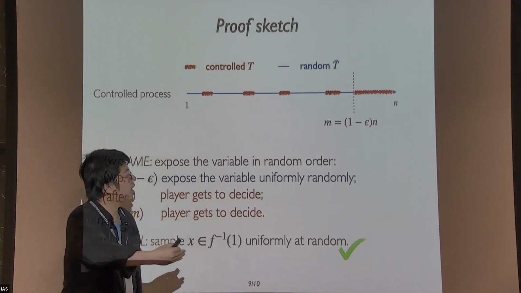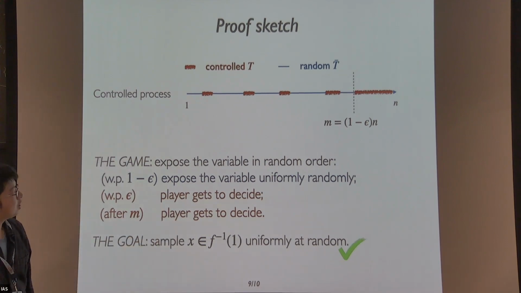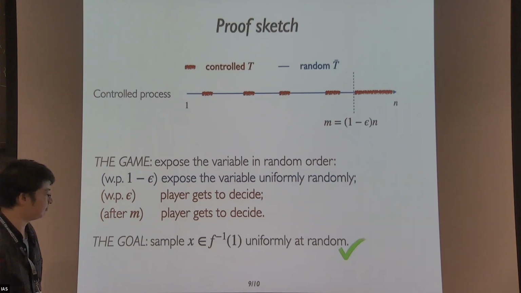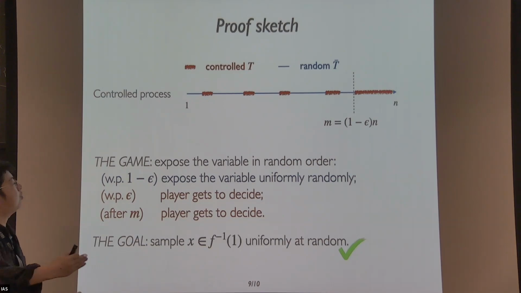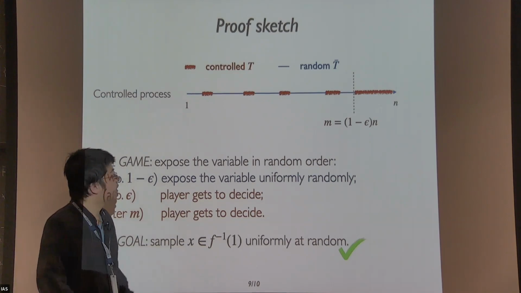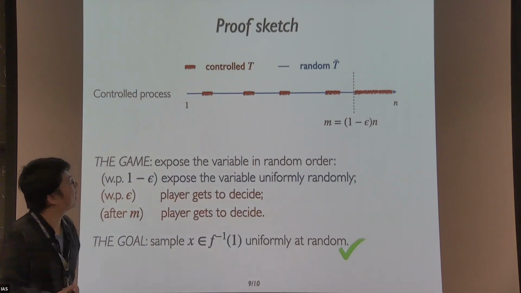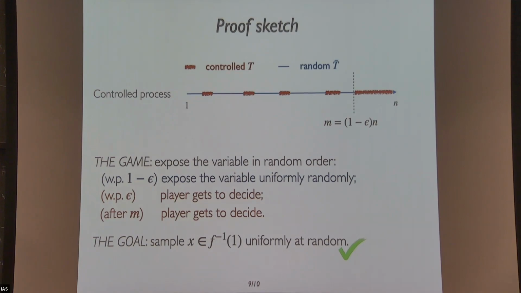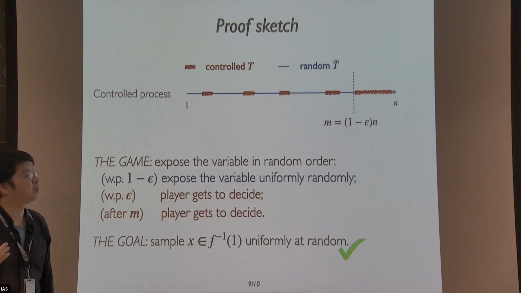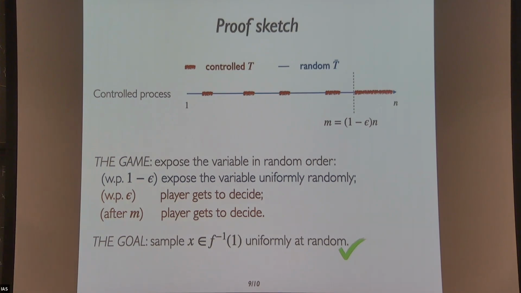And after the time m, we grant the player full control. She can do whatever she wants after that time. The key point is that in total, we can prove that the player only needs to control about a fraction of 1 over log of 1 over the max influence of the inputs, to sample an input that is a uniform random pre-image of 1 for this function. So that is what we can prove.